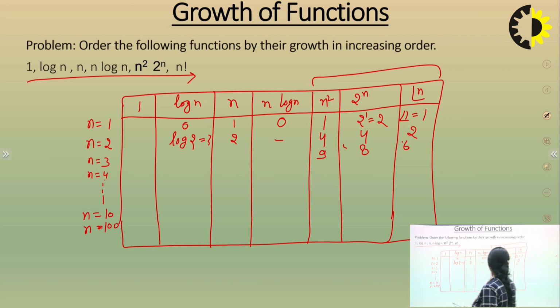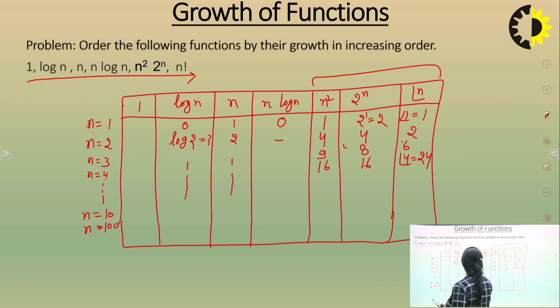If you are taking n equal to 4, then 4 square is 16, 2 to the power 4 is 16, and factorial 4 is 24, right? Similarly, we will calculate all these values.